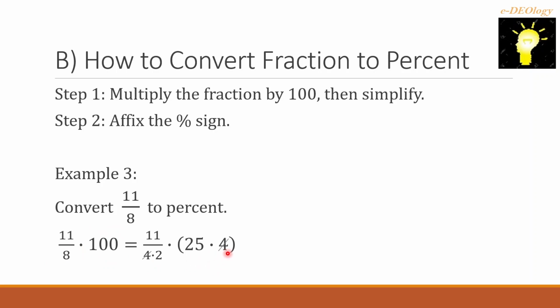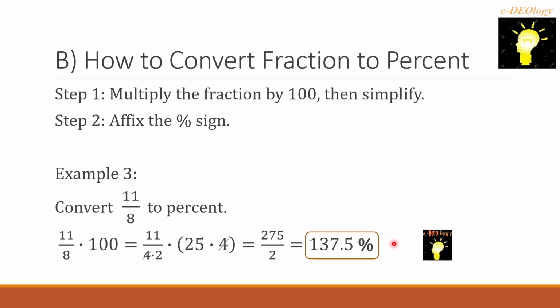Then we can cancel the 4 and the 4 down here. We can multiply 11 by 25 as 275. Then we divide by 2, and that will be 137.5. And step 2, we just affix the percent sign. This is the final answer.